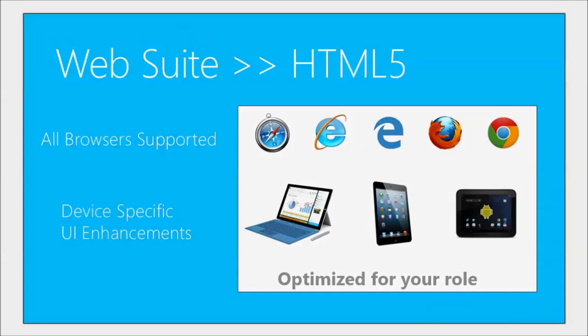You can access GP right out of your browser. It also allows for devices outside of the normal workstation to access your GP system. So imagine you're on an Android tablet and you want to look at a journal entry, or you want to reference some customer information. You can log right into GP using the web suite that's now running on HTML5.